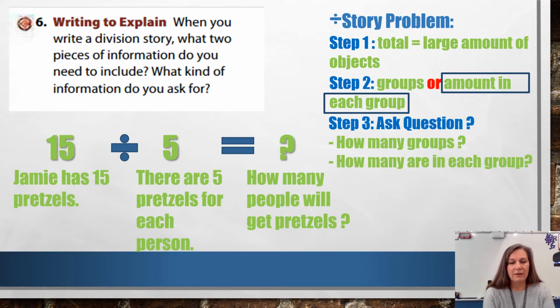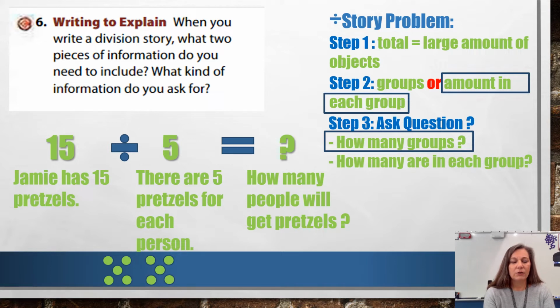So let's say we start taking those pretzels and putting them into groups. How many groups do I have? Well, 5 pretzels would be one group, so that's 5. Another group would be 10 pretzels, and another group of 5 pretzels would be 15. Now we've taken all 15 pretzels and put them into groups.